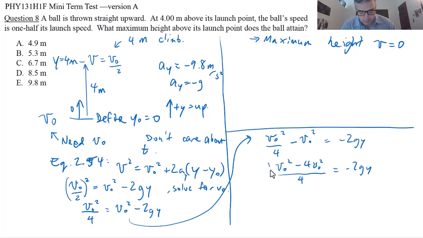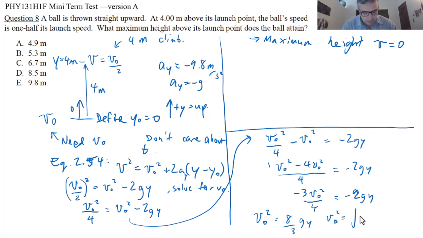So I got 1 minus 4 is negative 3. v0 squared over 4 equals negative 2gy. So v0 squared is equal to, I guess we'll just multiply, 8 over 3 gy. So v0 is equal to the square root of 8g times y over 3.